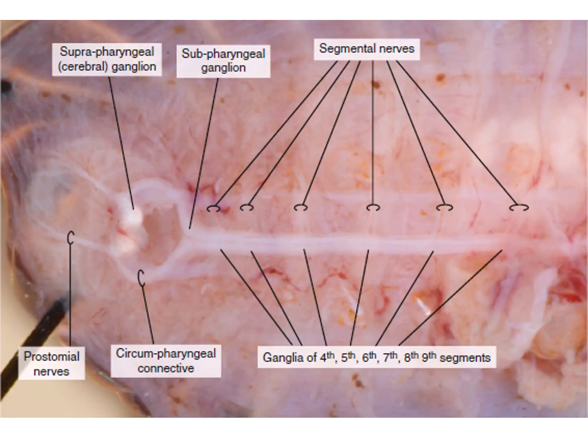For observing the nervous system, we first have to find the white suprapharyngeal or cerebral ganglia. They are called pharyngeal because they are near the pharynx, and they are partially hidden by the muscles, so we have to remove those muscles to see them.